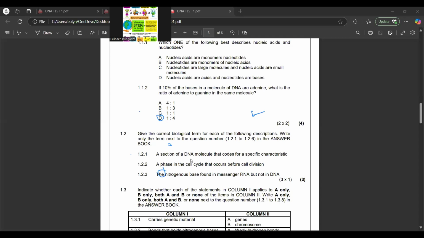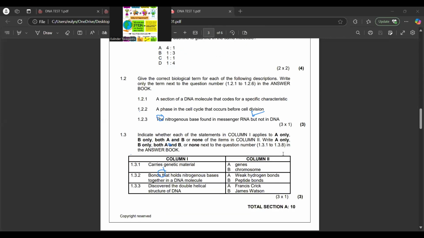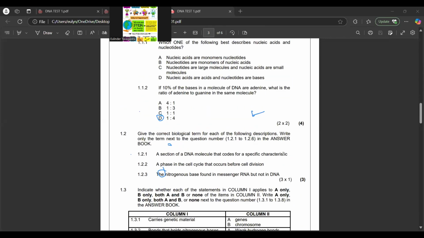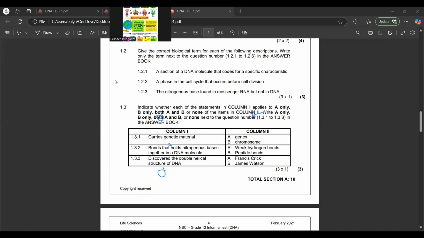1.2.1, a section of a DNA molecule that codes for a specific characteristic.